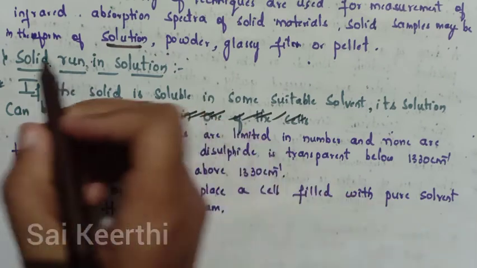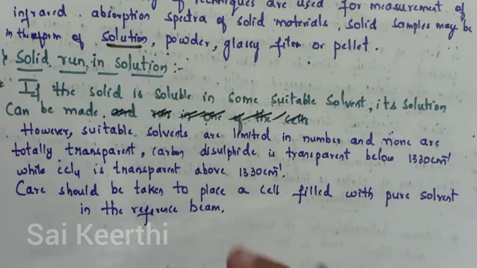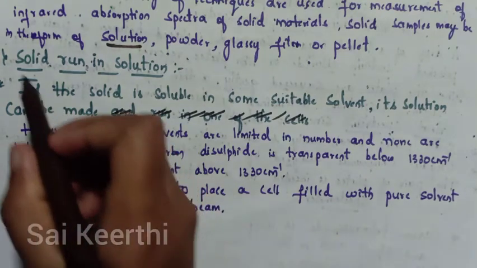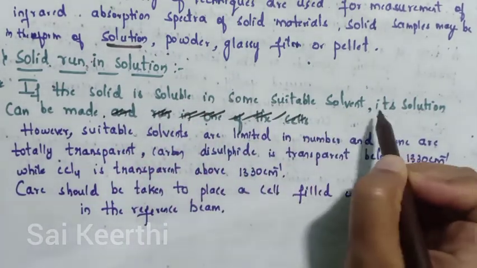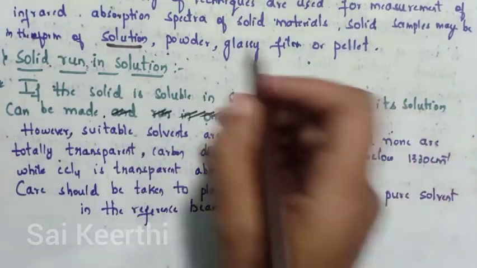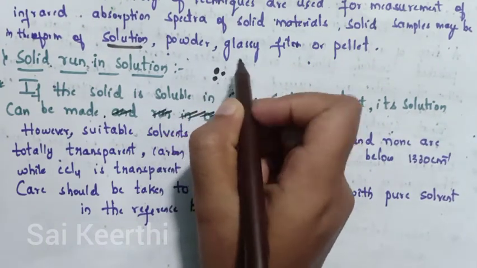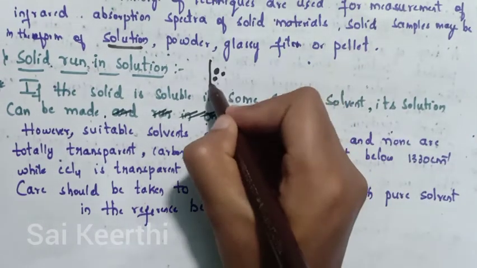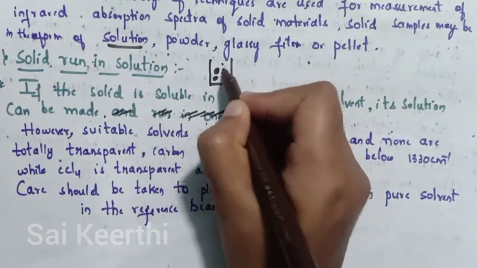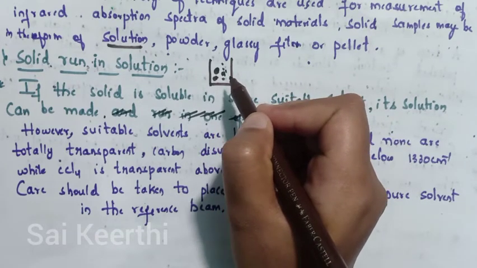Let's study about solids run in solution. Here you have to keep in mind that the sample is solid. Let's take the first point. If the solid is soluble in some suitable solvent, its solution can be made. See here we have the sample in the form of solid. So if this solid is soluble in some suitable solvent, then this solvent is used for making the solution.